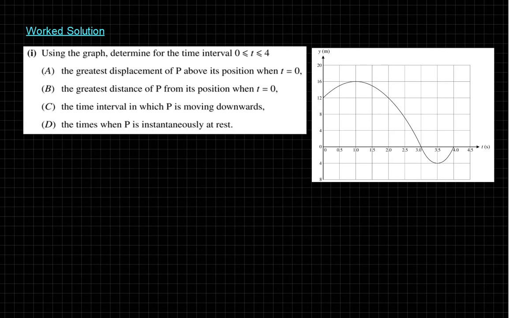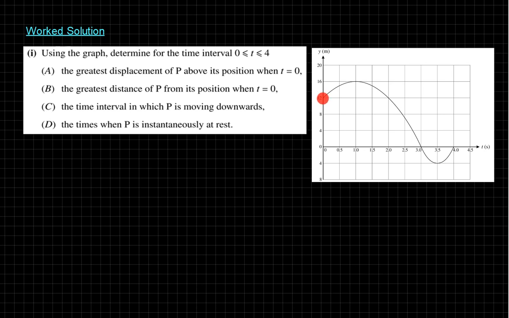So part A, the greatest displacement of P above its position when t equals 0. So remember, displacement and distance, they're different. Displacement has direction, it can be positive, negative. Distance is always positive. So let's just think about what the displacement is as I move along here. From the initial position, displacement is 0.